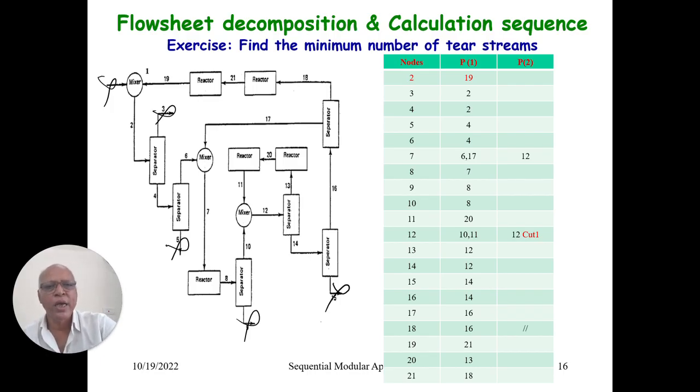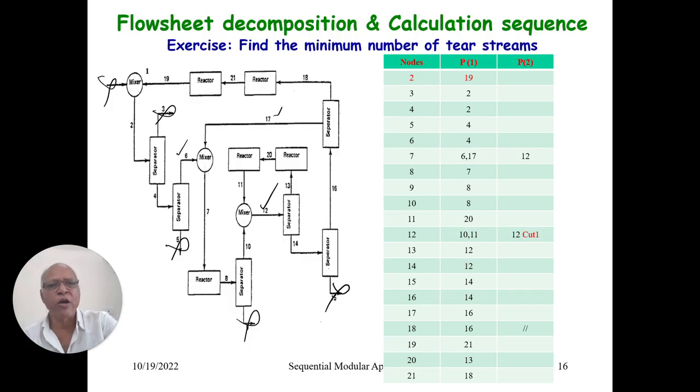Except for stream 7, in order to calculate 7 we need inputs from 6 and 17, so they are the precursors. Similarly for 12, we need information from 10 and 11, the corresponding inputs to this mixer. Apart from these two streams, all the other streams have single precursors. So we need to eliminate all the streams excepting 7 and 12.